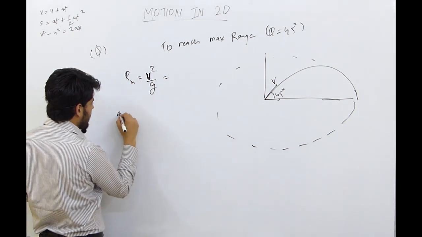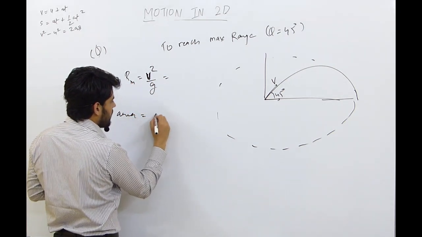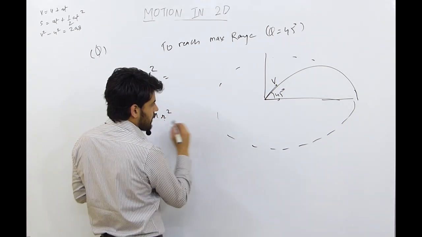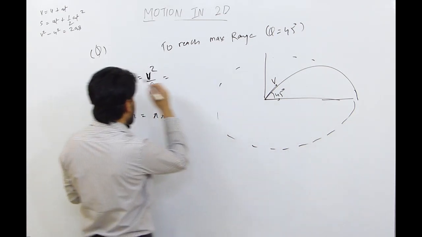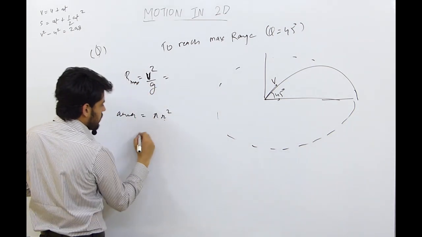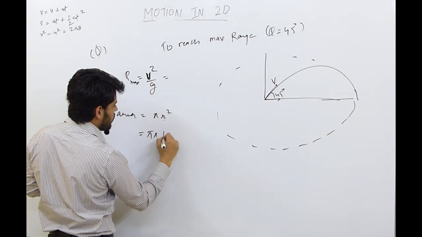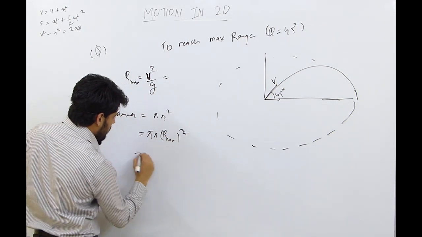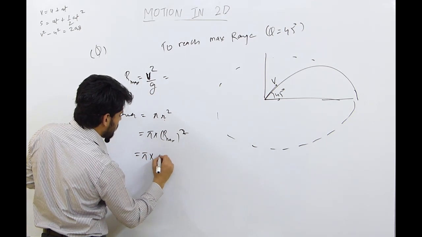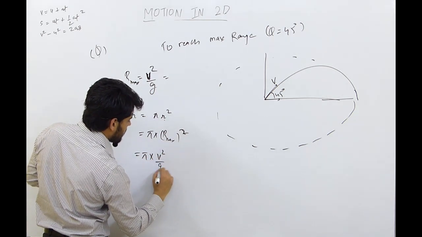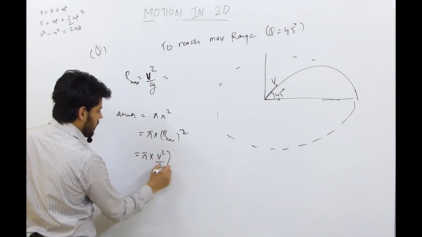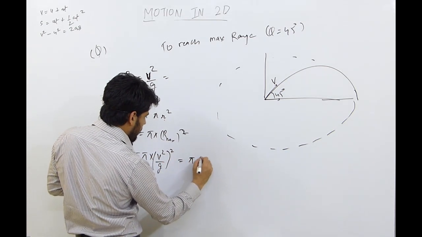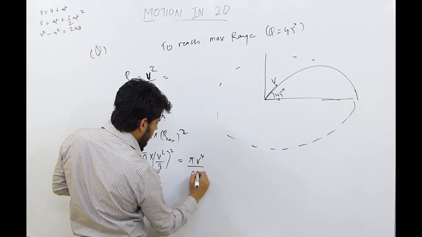So the area covered will be pi r square. This radius of the circular path is the same as the maximum range, so it equals pi into R max का whole square. So pi into v square by g का whole square, which equals pi v to the power 4 by g square.